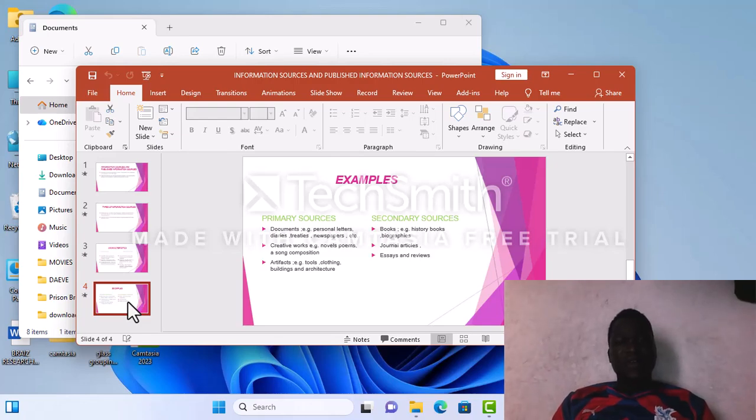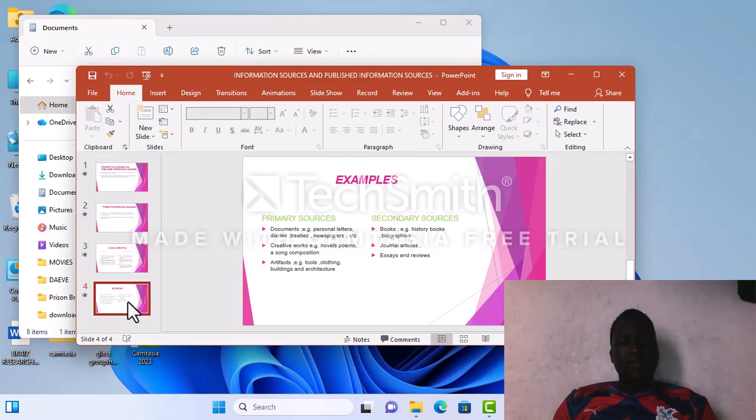Primary sources have examples, and that is documents, and these documents are either personal letters, personal diaries, treaties, those agreements, then newspapers and others. There are many.